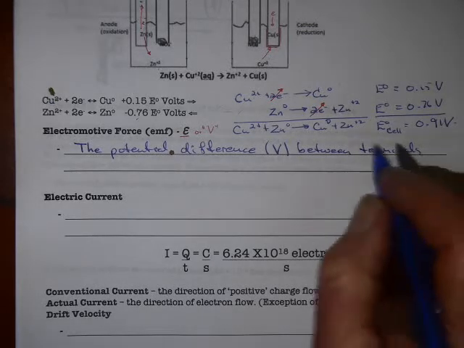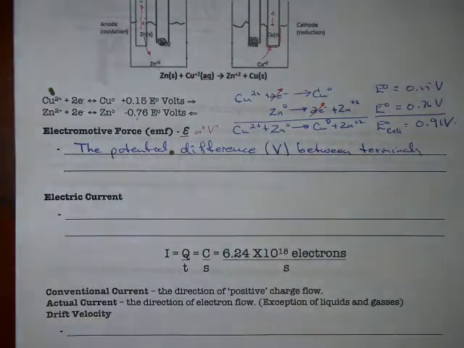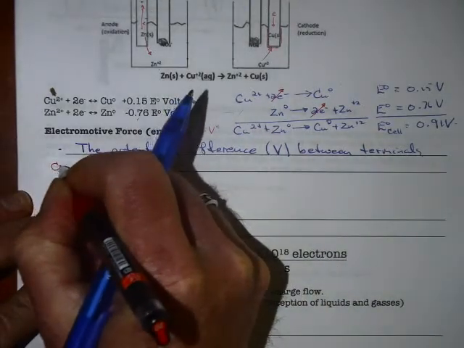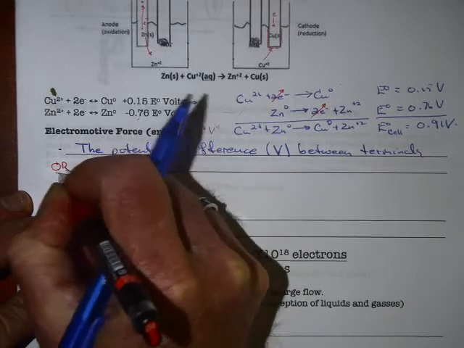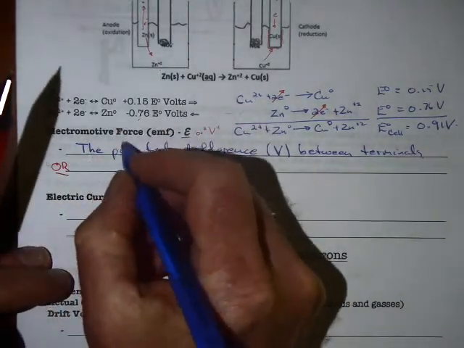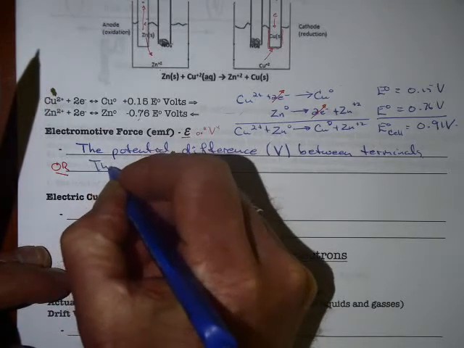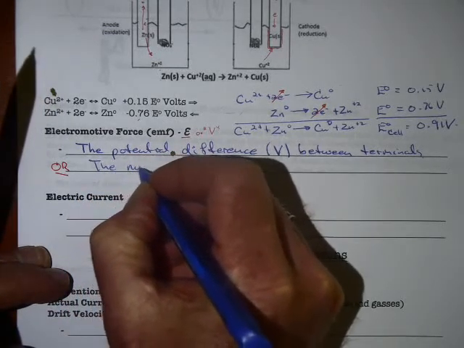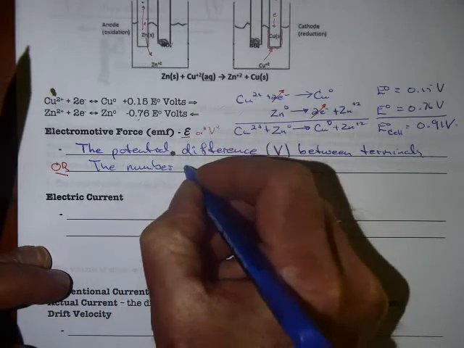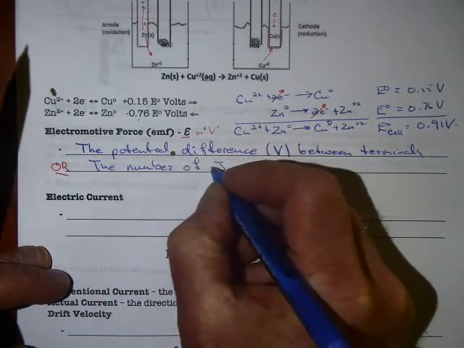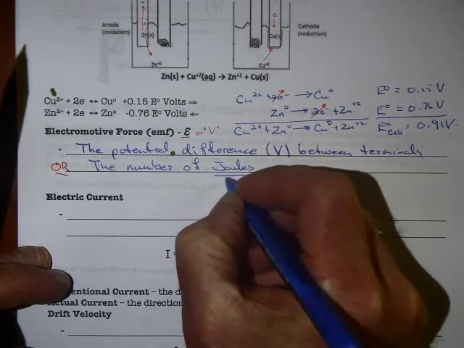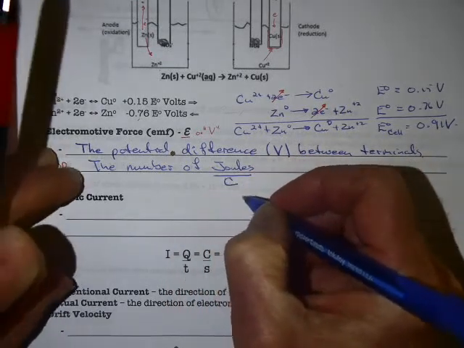The other way of thinking of this is the number of joules per coulomb of charge.